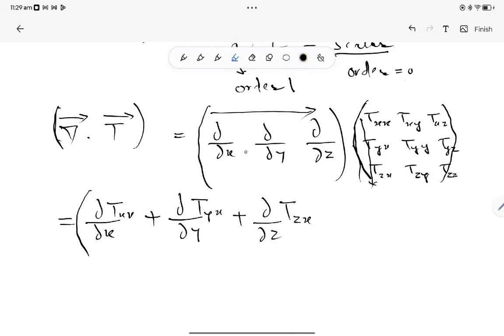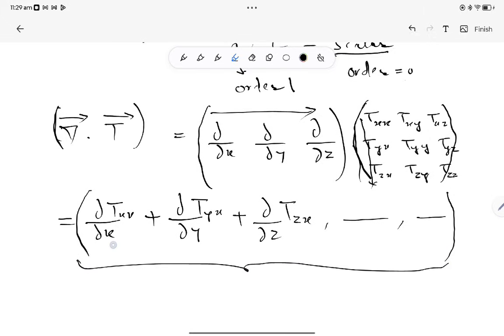Second term will be this into this, that will be here. Third term will be this into this, that will come here. Now the interesting thing is that the resulting entity is a vector because it has only three components. There are only three entries, 1, 2, and 3. Thus rank reduction does occur.